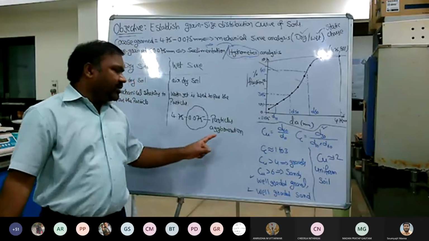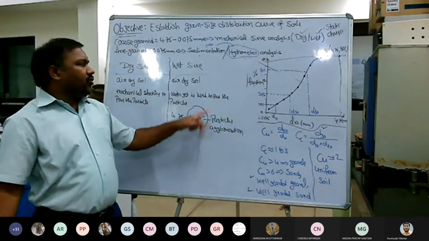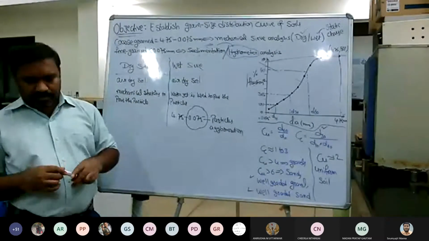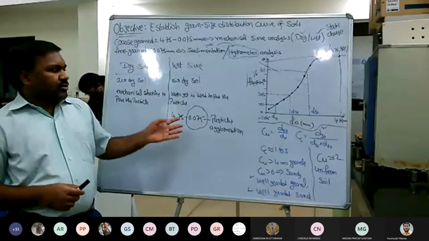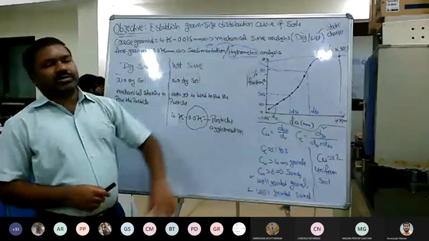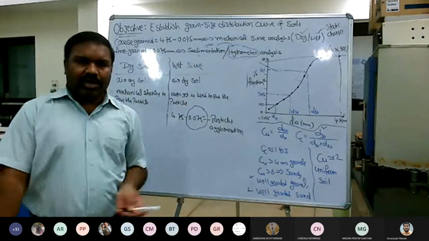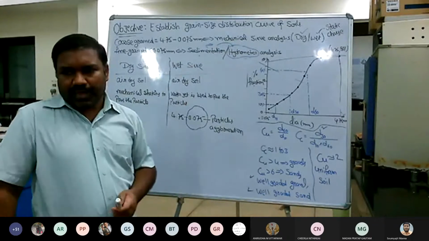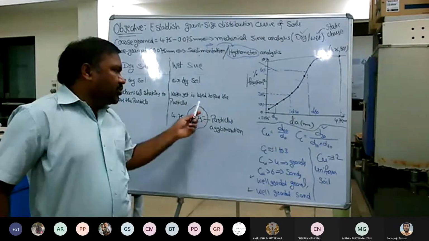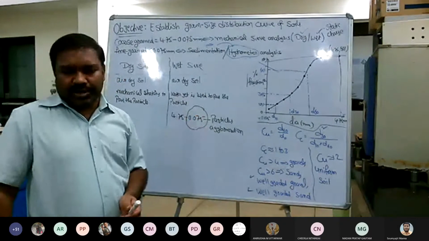In order to avoid that agglomeration, we go for the wet sieve analysis. Agglomeration is possible because of static charge or static energy, or sometimes if the soil is wet.